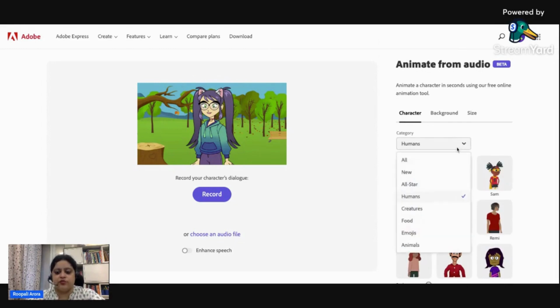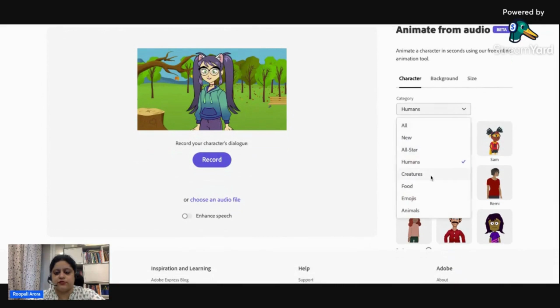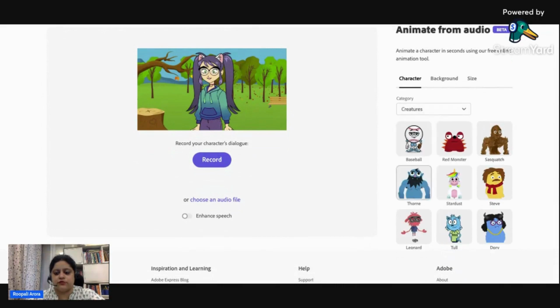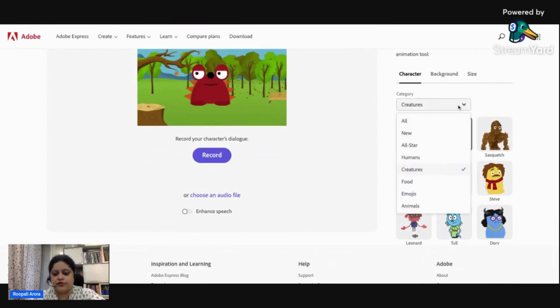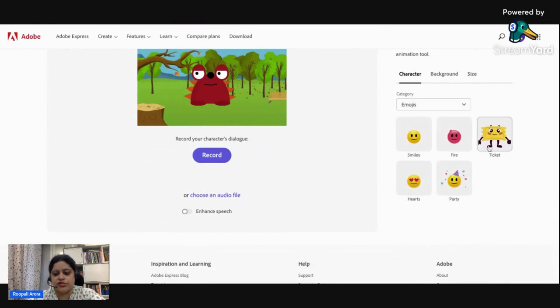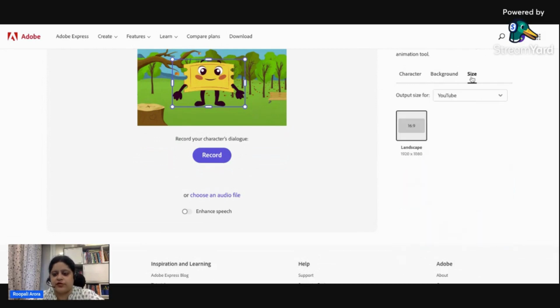So it can be a human, it can be creatures, food, different interesting creatures that you can use in your lessons, or it can be certain kind of emojis. Emojis are speaking dialogues, and you can change the background as per your choice. And when you click on size, it will tell us whether you want to use this for Instagram or Facebook or Twitter or LinkedIn or what.